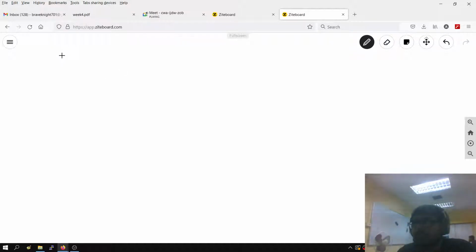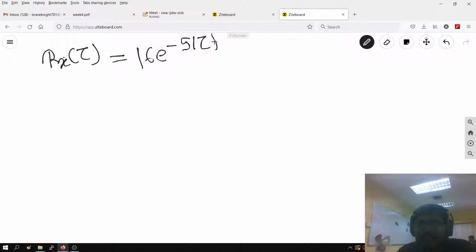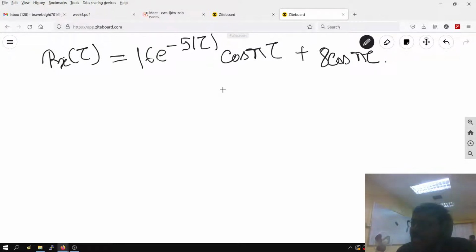The question is, we have the autocorrelation function here, and that is Rx of tau, and this Rx of tau is 16 e to the power minus 5 tau cos pi tau plus 8 cos pi tau, and the question they have asked is, what is the variance of this variable?